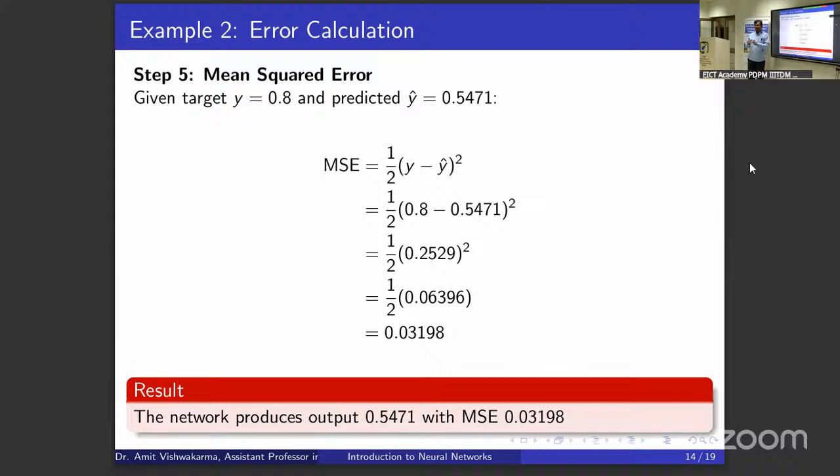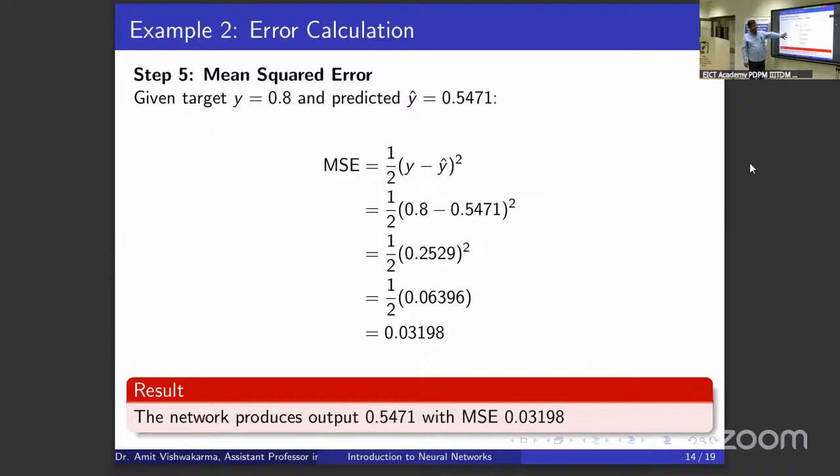From this the network updation begins. So the result is the network produces output 0.5471 with MSE 0.0319.